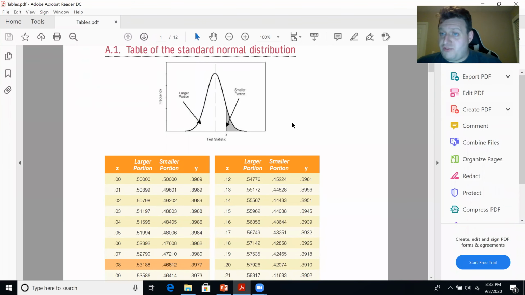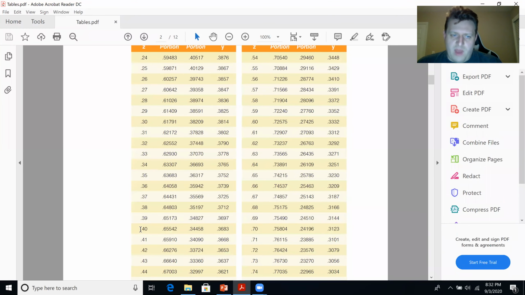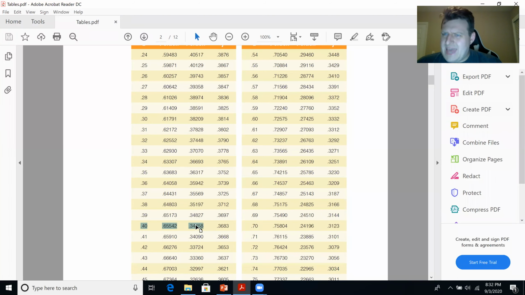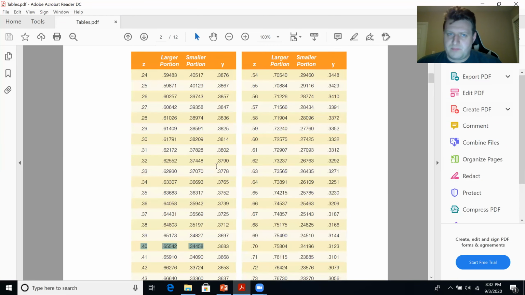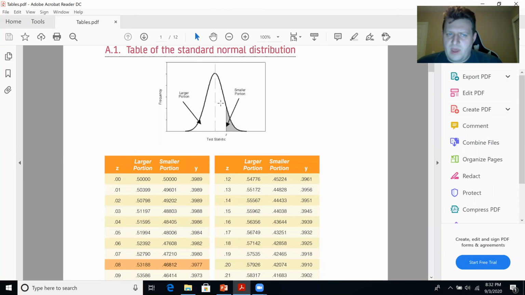So our z-score was 0.40. So let's look at this up in this table. We're right here. Now there are two numbers. There's the larger portion and there's the smaller portion. What exactly do these numbers mean? Let's go back to the beginning here. This is the larger portion, this is the smaller portion.